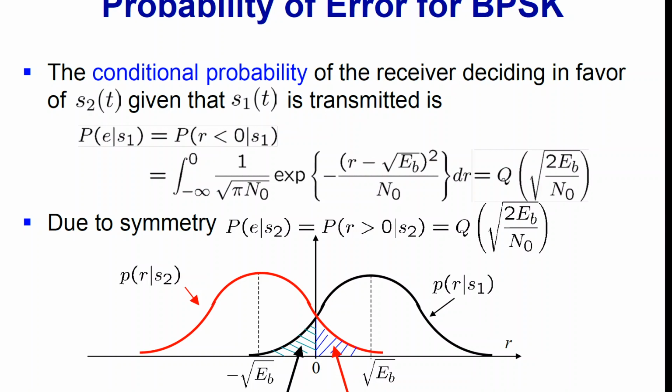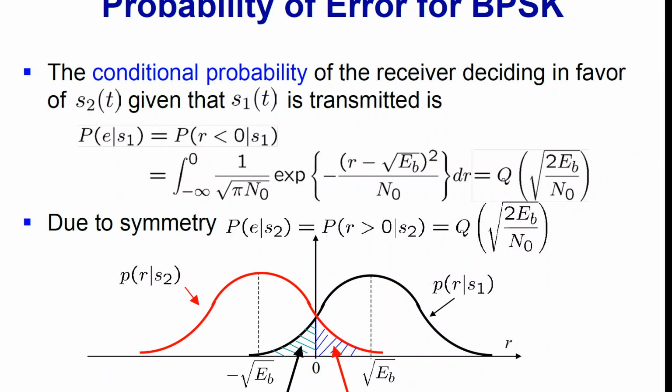So the distributions of S1 of t and S2 of t will both be random and also Gaussian, with their means at root EB and minus root EB. We have already studied this in one of the previous lectures.